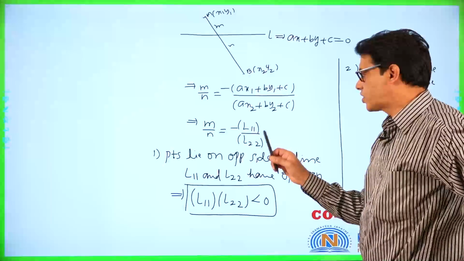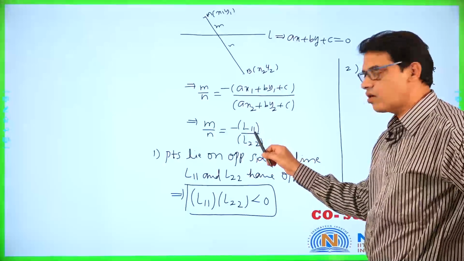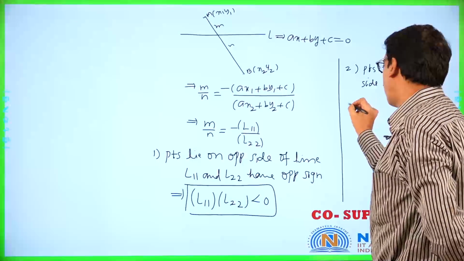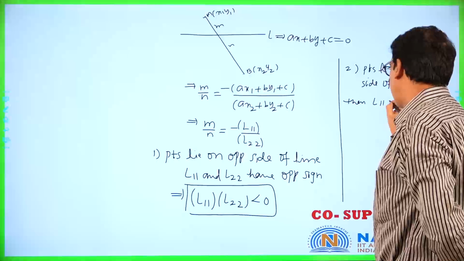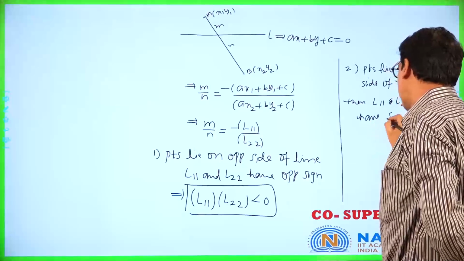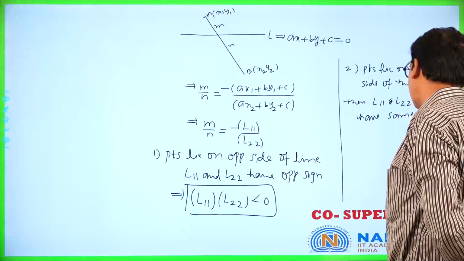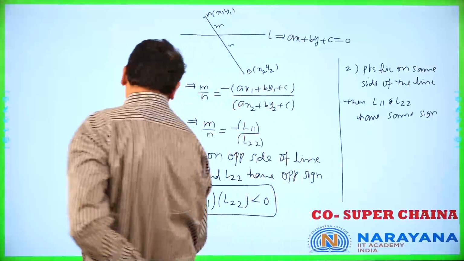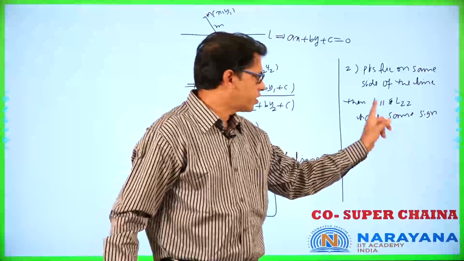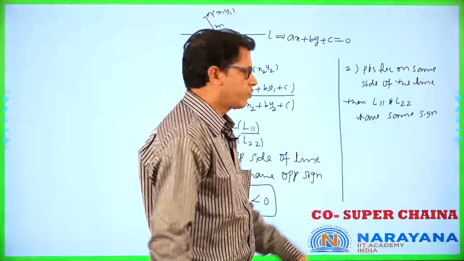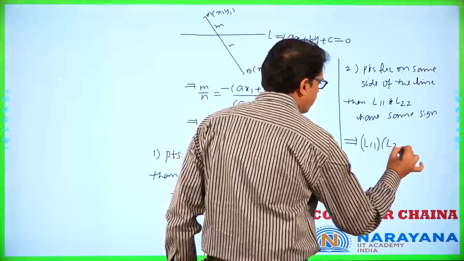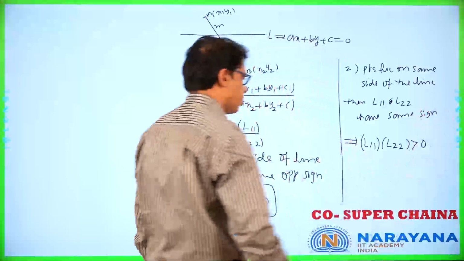So L11 and L22 have the same sign. Here opposite sign, here same sign. Same sign means either plus plus or minus minus. If you multiply, L11 into L22 must be greater than 0.